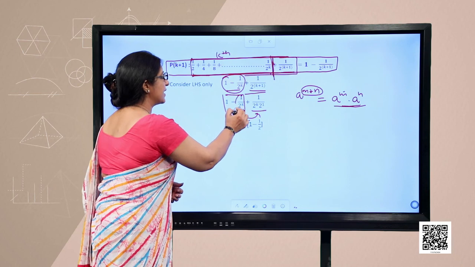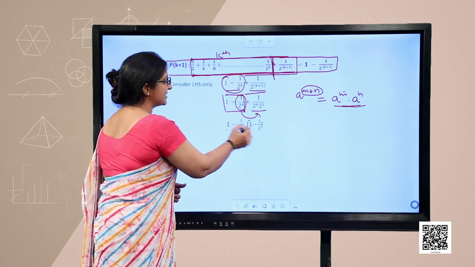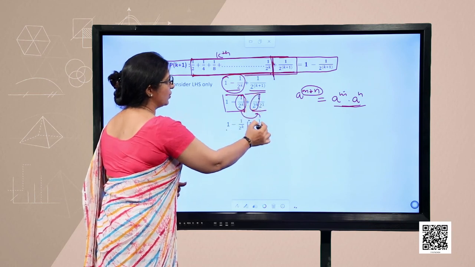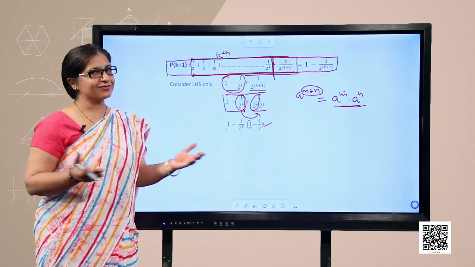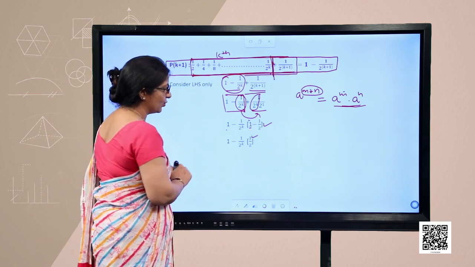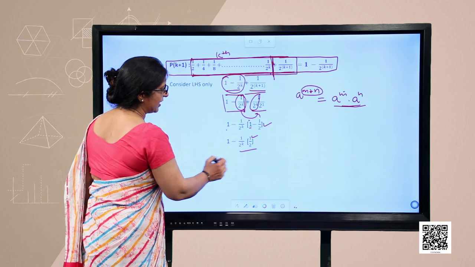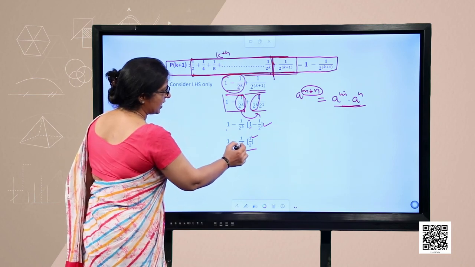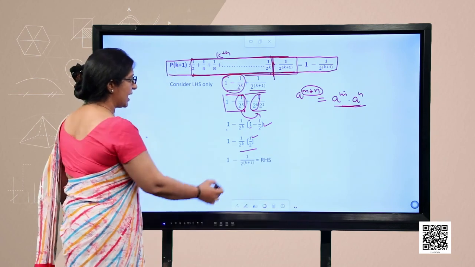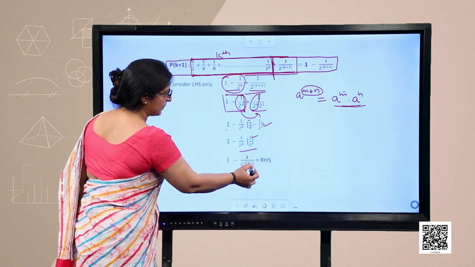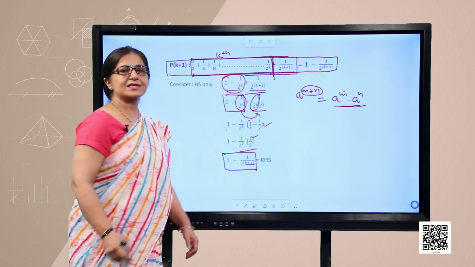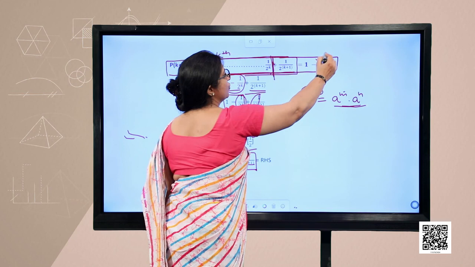When we have taken this whole expression outside, only 1 is left, and when we have taken this expression outside, 1 upon 2 is left inside, which is very simple. 1 minus 1 by 2 is nothing but 1 by 2, and here we are left with 1 upon 2 power k into 1 upon 2, which can be written further as 1 upon 2 power k plus 1, and this is the required expression that we wanted to prove.